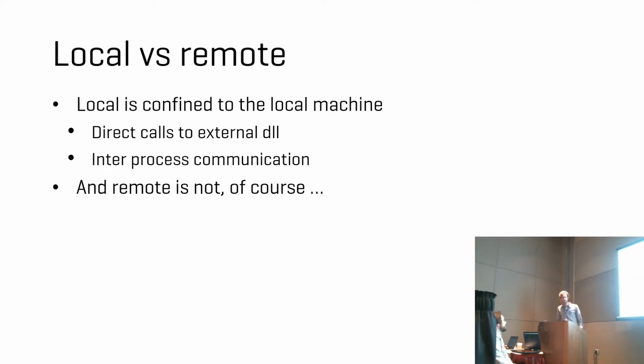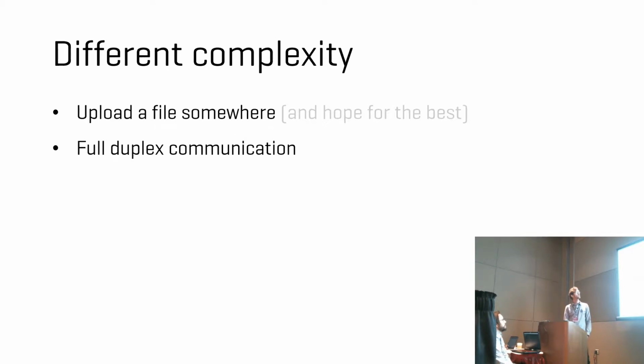So one way to categorize integrations is whether they are local or remote. Local would be making direct calls to a DLL, or having some kind of inter-process communication with another process on this computer. And remote will be everything else. I'm going to focus more on the local communications today, but I'll go a little bit into the remote as well. Integrations can be very simple or pretty complex.